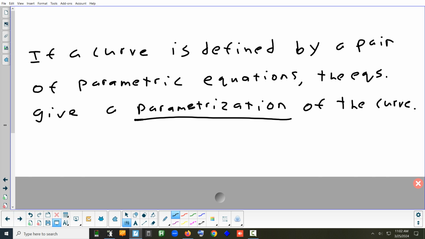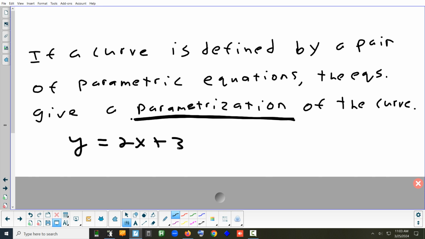Okay, so the two equations that you have, the one for x and the one for y, are called parametric equations, and they give you what's called a parametrization of your curve. So if I give you a problem and I say to parameterize it, what I'm asking you to do is take something like this and turn it into parametric form.